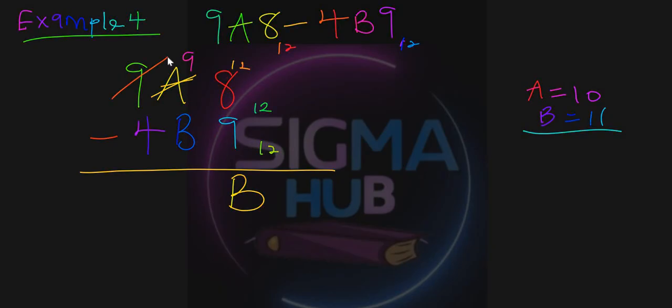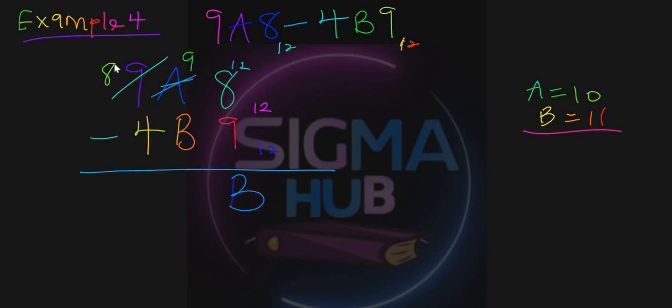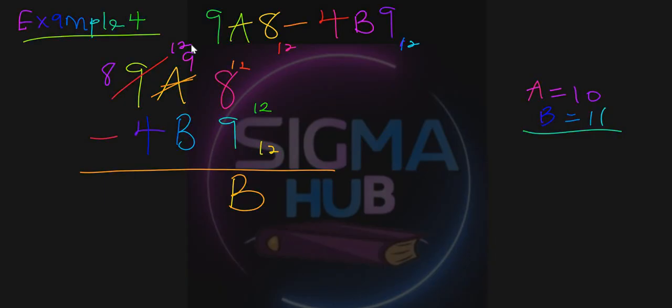So I have to get 1 from here to have 8 here. But on getting to where you want to use the 1 you get, it becomes the base you are doing, which is 12. So we have 12 here. So 12 plus 9 is 21. 21 minus B, B is 11. So 21 minus 11 is 10. Of course, I will not just write 10.